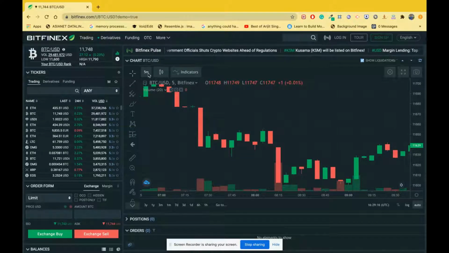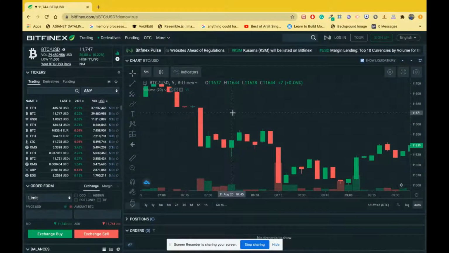So if you are taking a 5-minute candle, that means the price of the stock during this 5 minutes. So what was the open price, what was the close price, and how high and how low the price of the stock went. All this information is plotted in a candlestick.